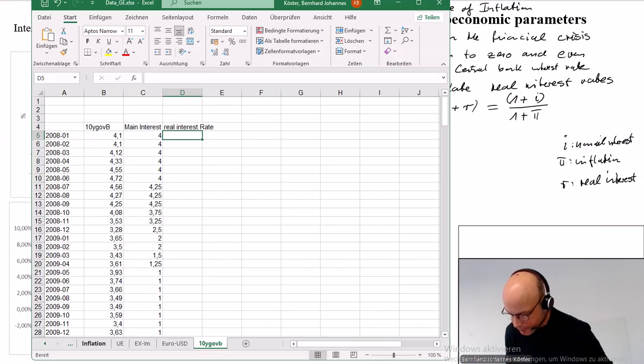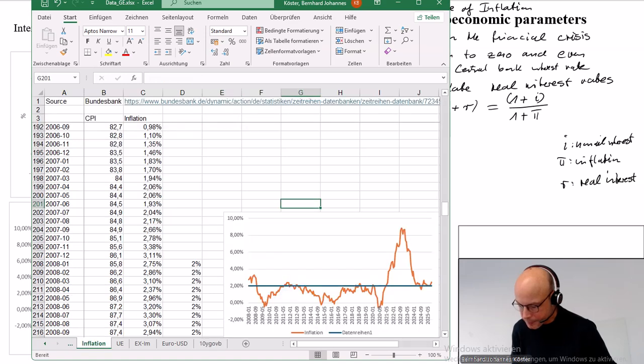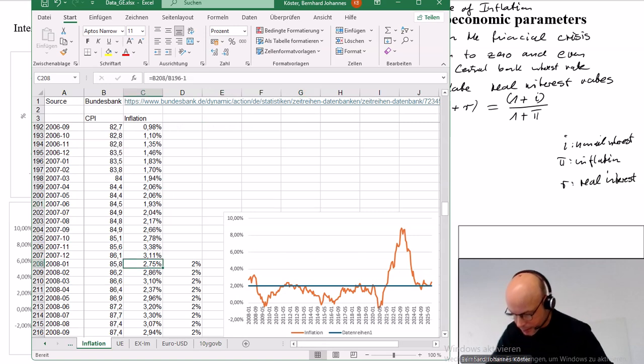Where do I have the inflation here? So inflation from 2008.